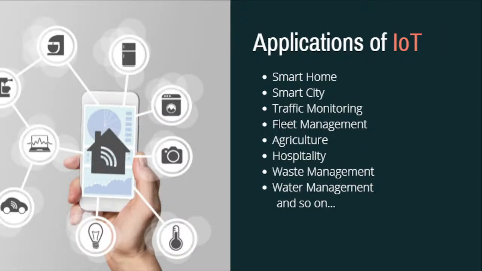So applications of IoT: smart home, all appliances like your fridge, thermostat, heaters, lights, curtains, everything is connected. Smart cities, everyone of you has heard of it. Traffic monitoring without any traffic men, fleet management, agriculture, hospitality, waste management, water management, and so on. This list is never ending.